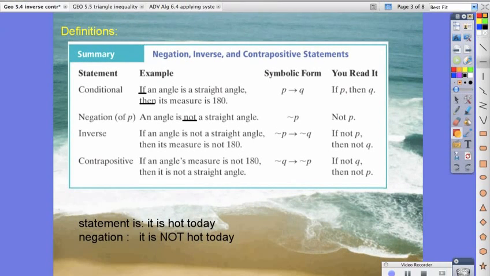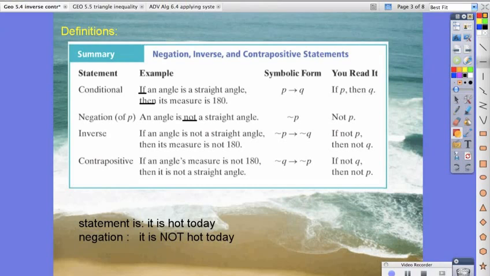Now an inverse is based off of our conditional statement. In our conditional statement we have our if statement, our hypothesis, and then our then statement, our conclusion. In an inverse statement, the only thing that differs from the conditional is that we negate both statements. The conditional says if an angle is a straight angle; the inverse starts with if an angle is not a straight angle.